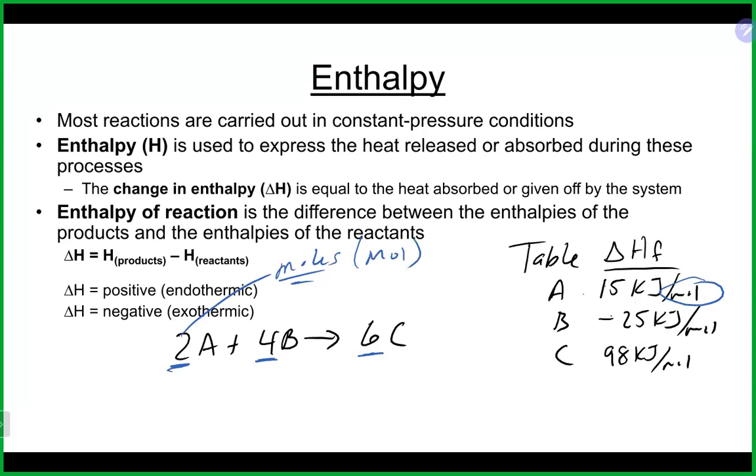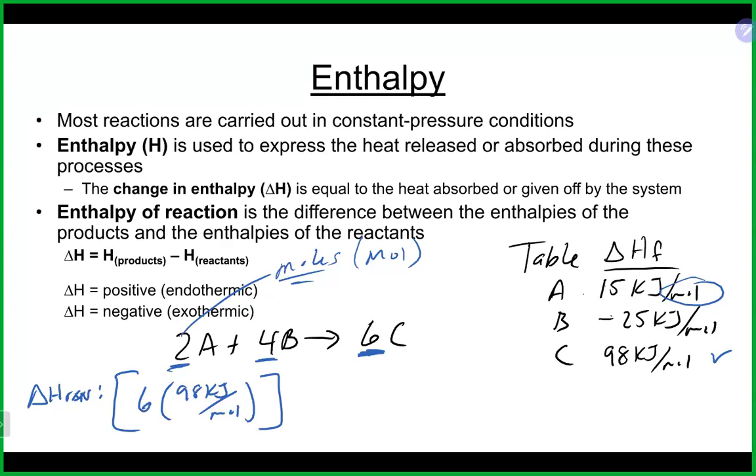So when we do this, we're going to take our delta H and we're going to take all of our products. In this case, we have just the C, and we need to take that 6 and multiply it by the value that we see in the table for C, which would be 98 kilojoules per mole. That happens to be all the products I have.